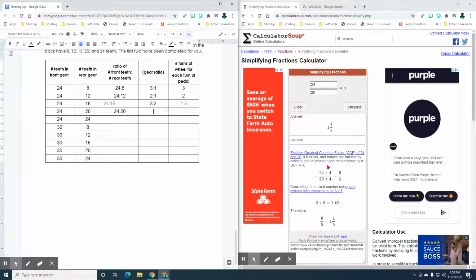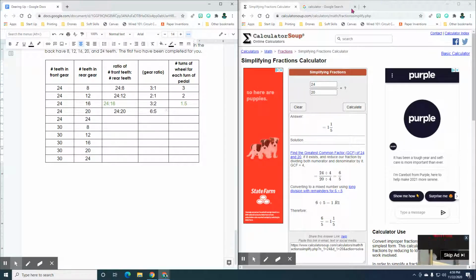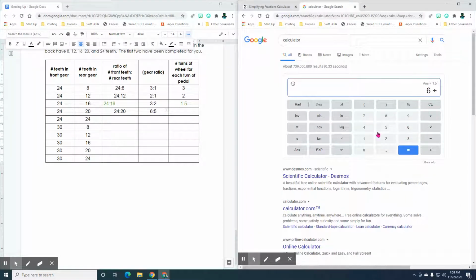So they're both divisible by 4, the greatest common factor, so we get 6 over 5, which means we get 6:5. And then if we do 6 divided by 5, you get 1.2. So 1.2, not 2.5, 1.2 is the number of times that the pedal rotates.